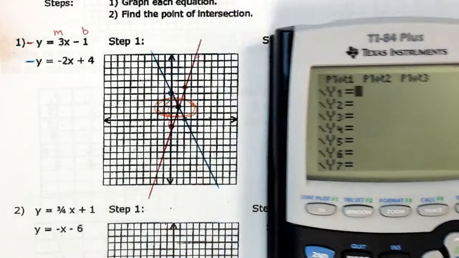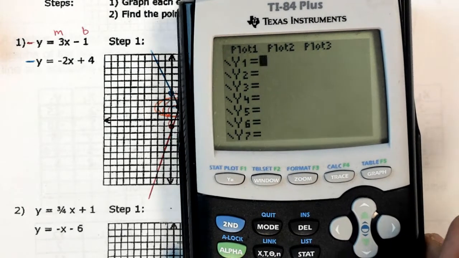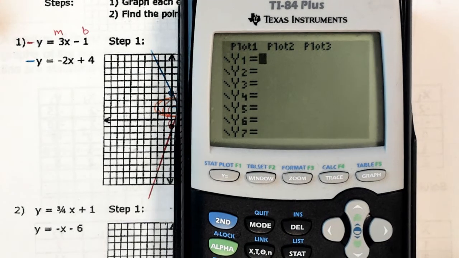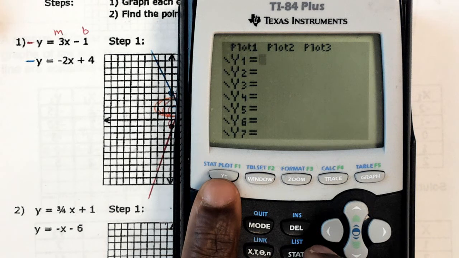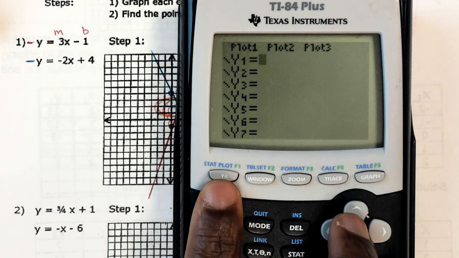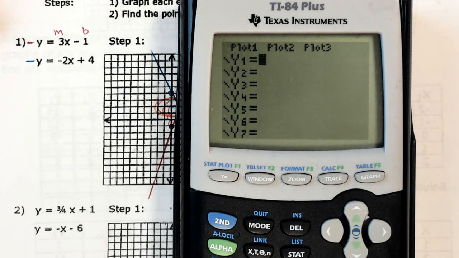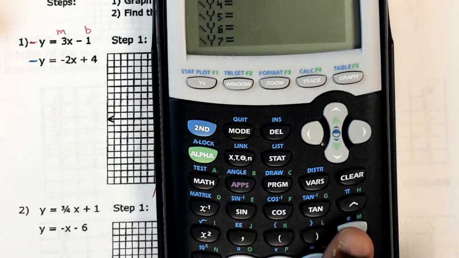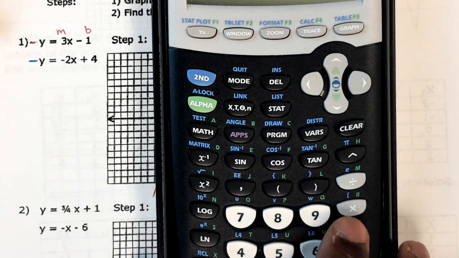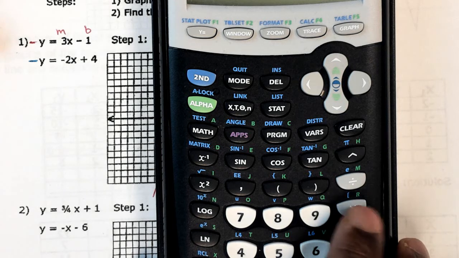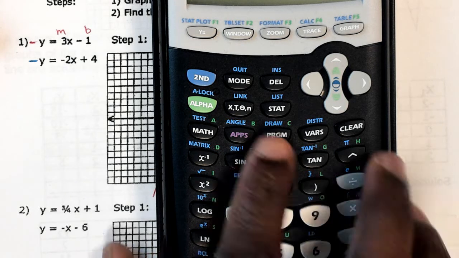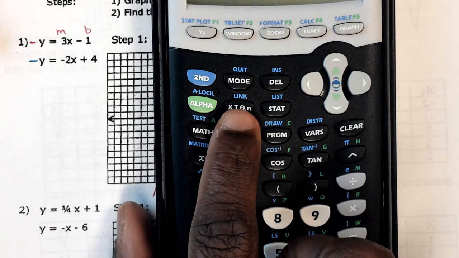Now, I will also show you how to do it in our calculator. When your equations are in y equals, you can go to y equals and graph those two equations. So you press the y equals button here. And our first equation is y equals 3x minus 1. Do not use the multiplication symbol for x, like on Big Ideas, when we accidentally use it. This is the variable x up here.